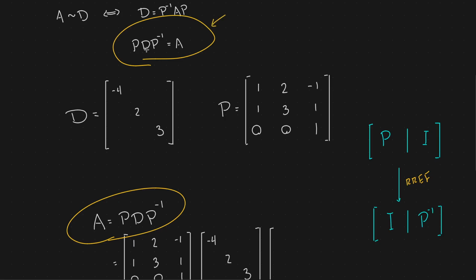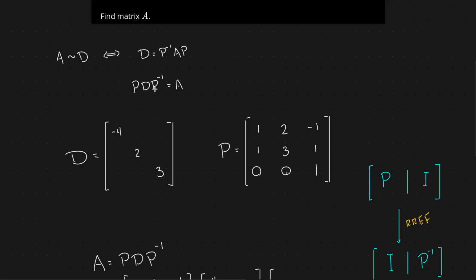If we write it with the diagonal matrix all by itself, then the P inverse goes first. If we write it with the non-diagonal matrix by itself, then the P inverse goes last. The matrix P is the one with the eigenvectors. So just keep track of that.